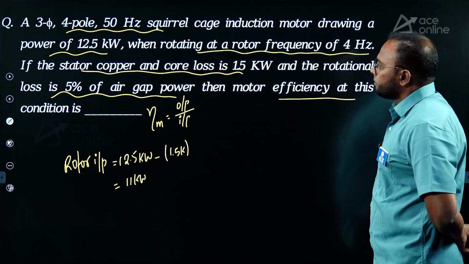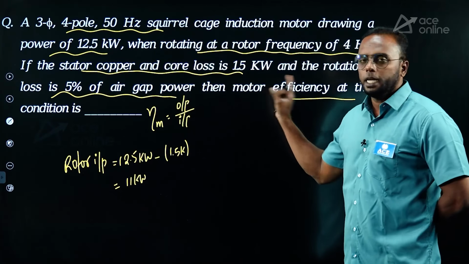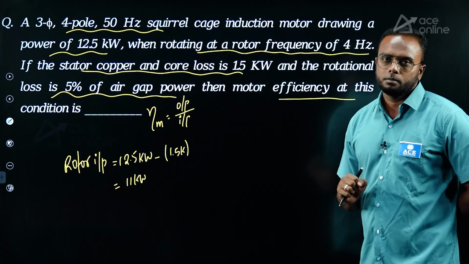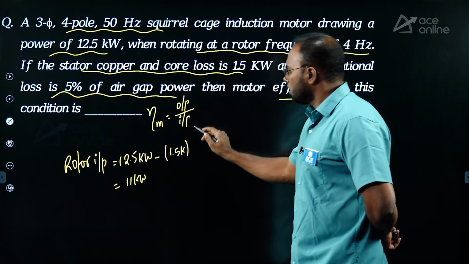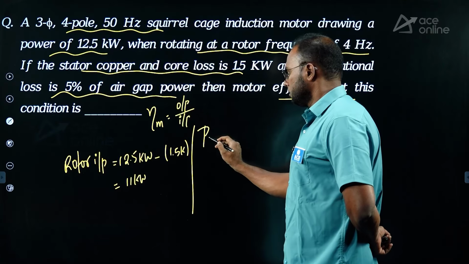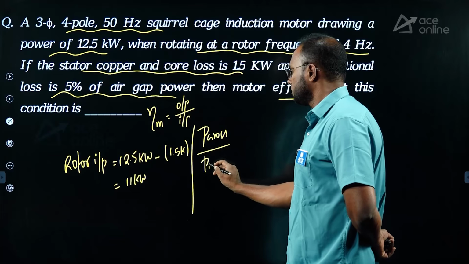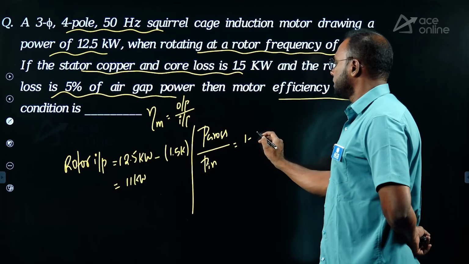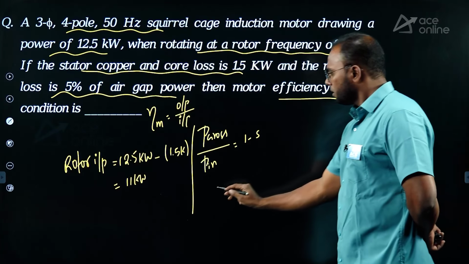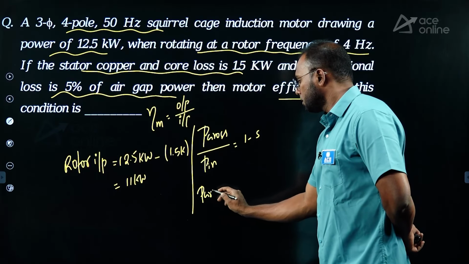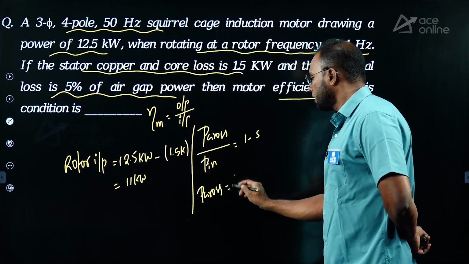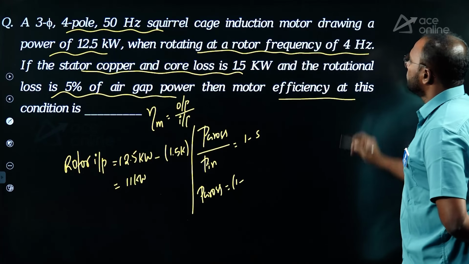Then which one required? If you want to find net mechanical power, gross required first. Gross. And how to find gross relation? We have one relation. Gross mechanical power to the rotor input power. What is that? 1 minus S. From here, find out the gross power equals to 1 minus S. What is the slip of the motor?